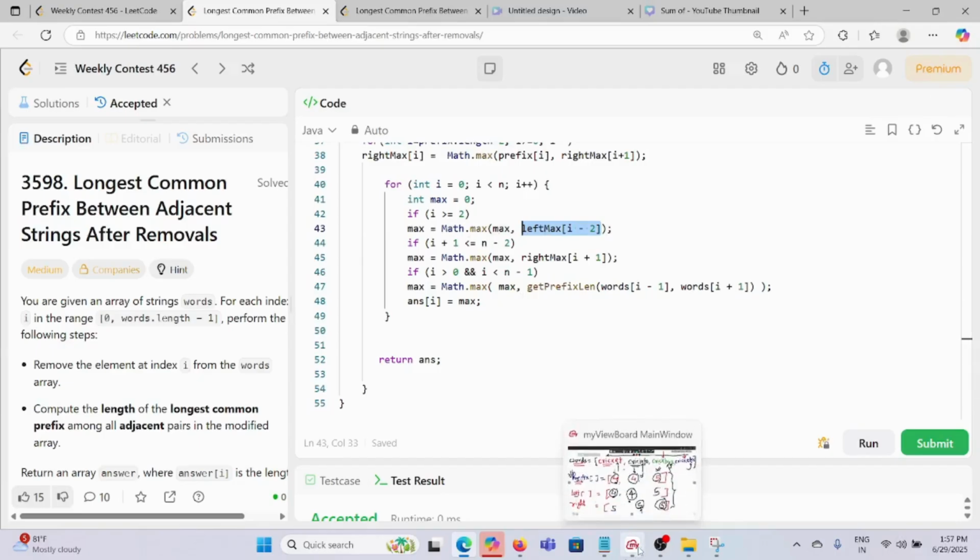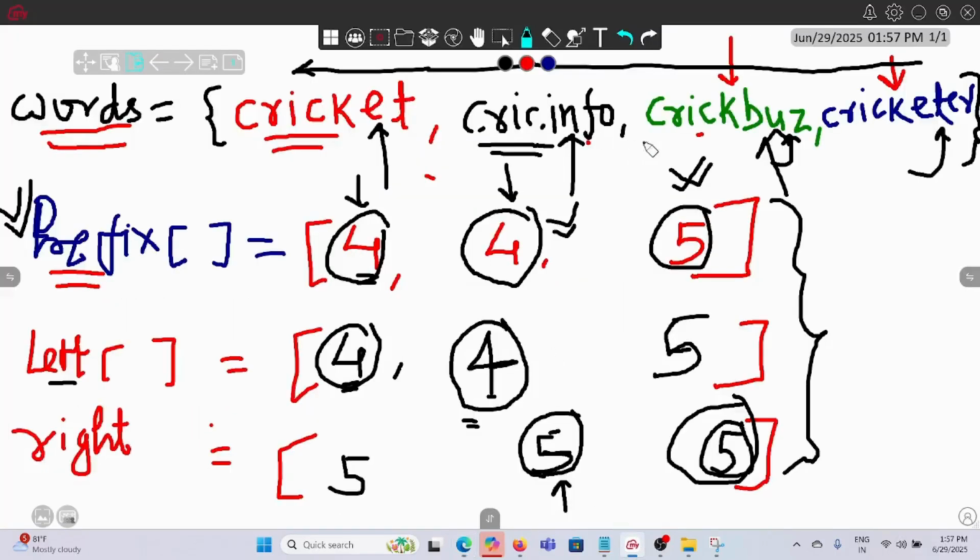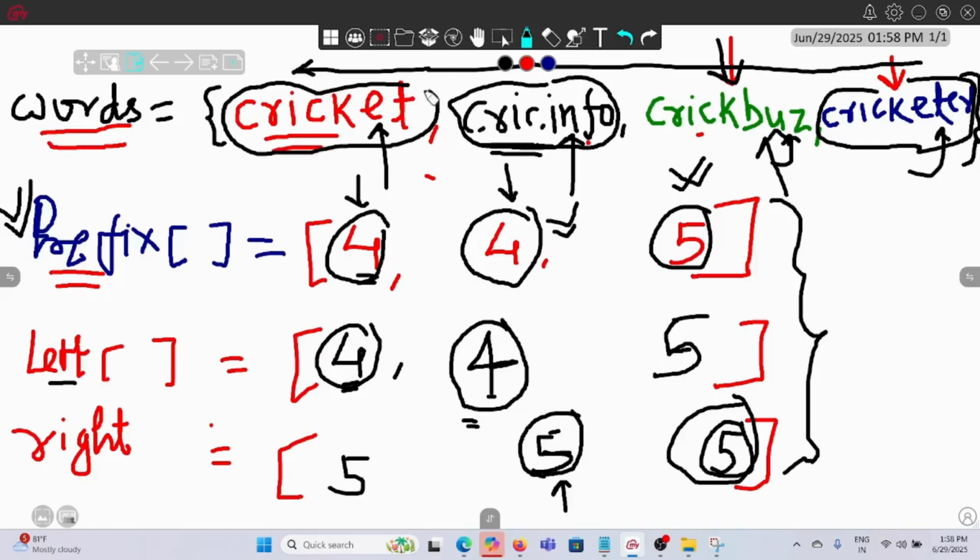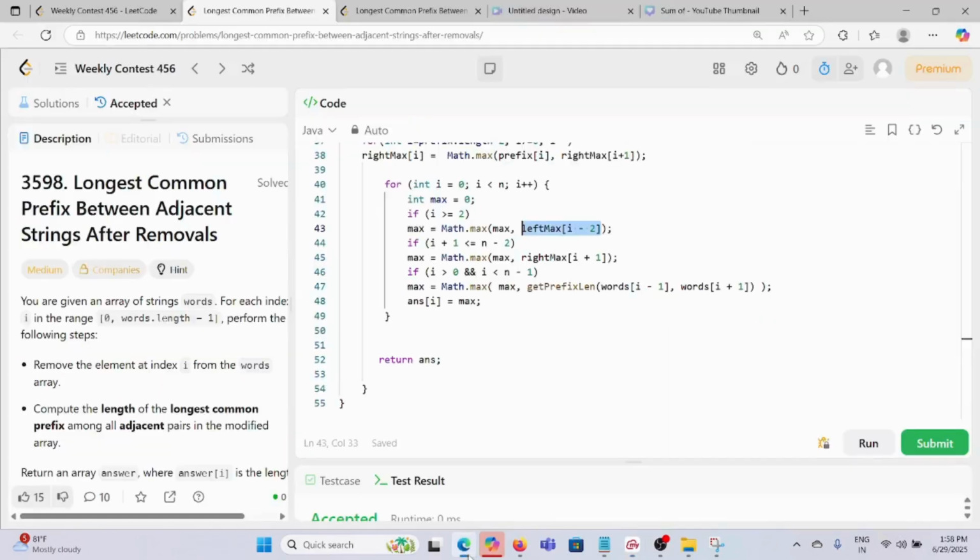Because at any location, for example when we are at this I, we compare this left one and the right one of it, because these would be the new adjacent, and we also look at till I minus 2, like for till this location what was the max common prefix. So we put that value here: max equals Math.max of max and left max of I minus 2.